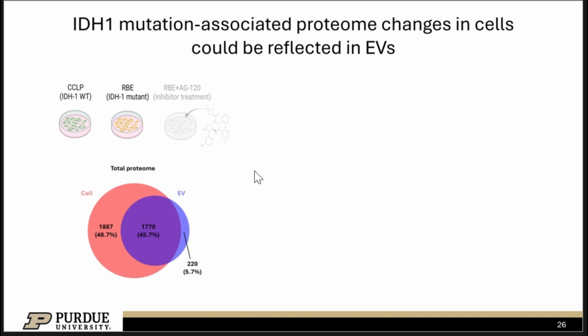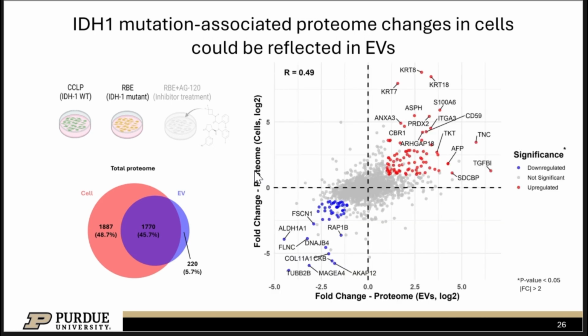And then we further compare our samples. We first compare the IDH1 wild type and IDH1 mutants. For these two samples, we found there is a large overlap between the identifications. And then later we do the correlation between the cell result and the EV result.